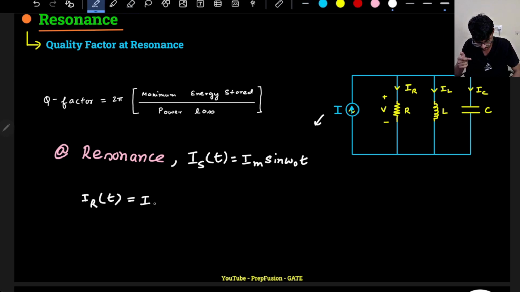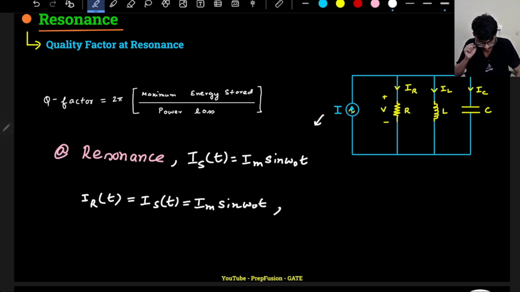So at resonance, IR of t equals Im sin omega naught t. Now what is the voltage?